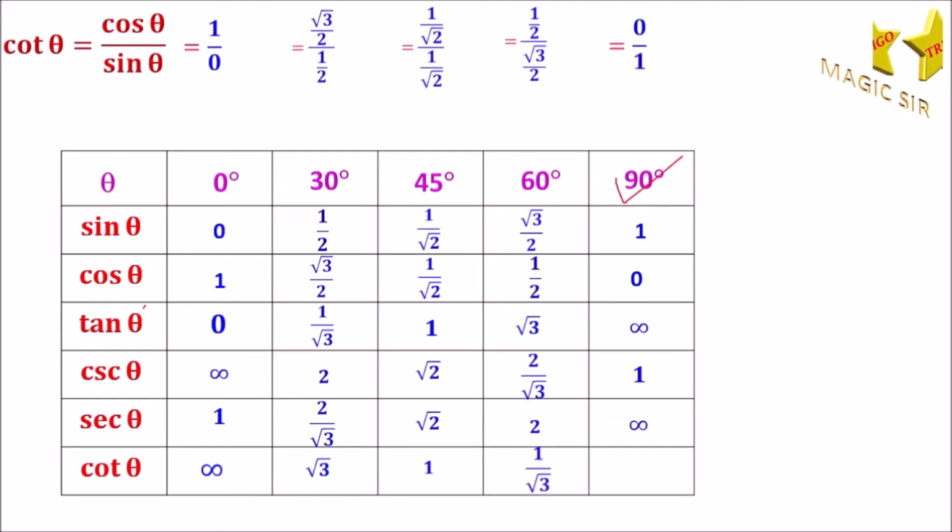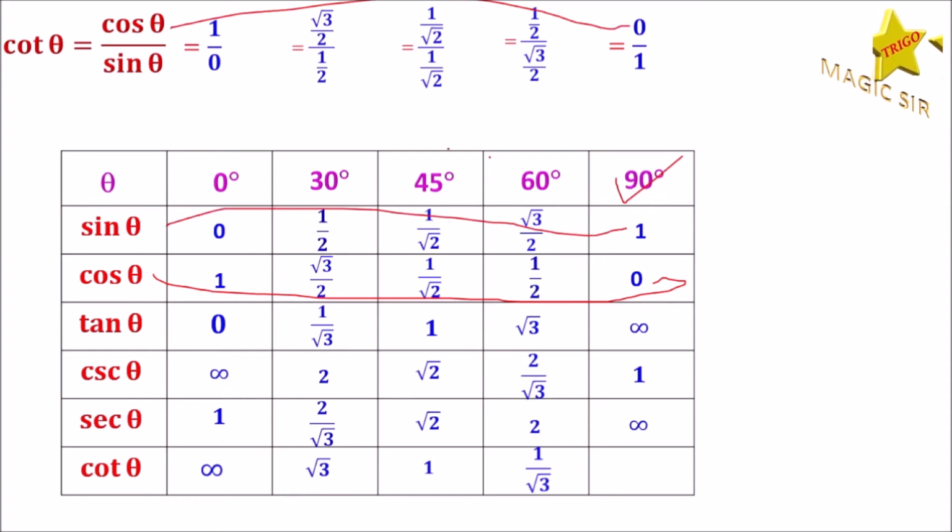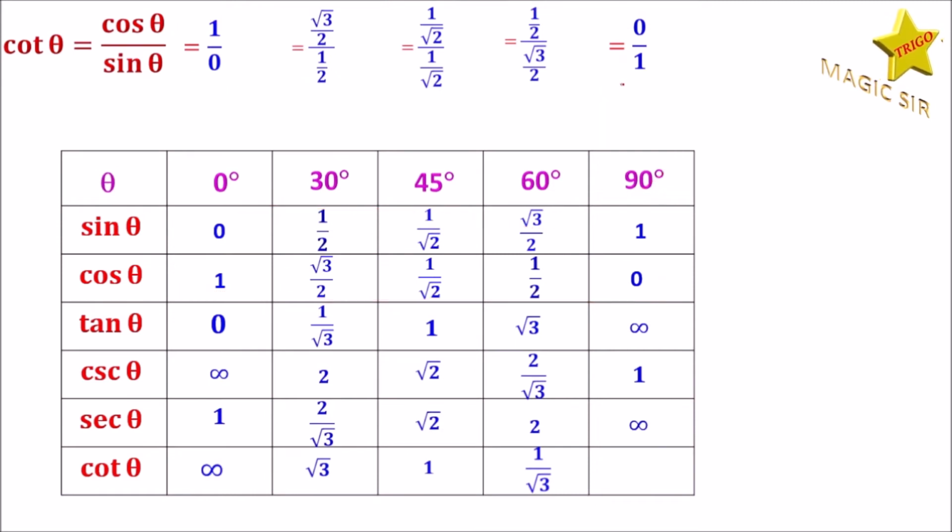For 90 degrees angle, we have cos theta equal to 0 and sin theta is equal to 1. So, cot theta equal to 0 upon 1, and we know that 0 upon 1 is equal to 0. So, cot 90 degrees is equal to 0. These are the 5 values of cot theta.